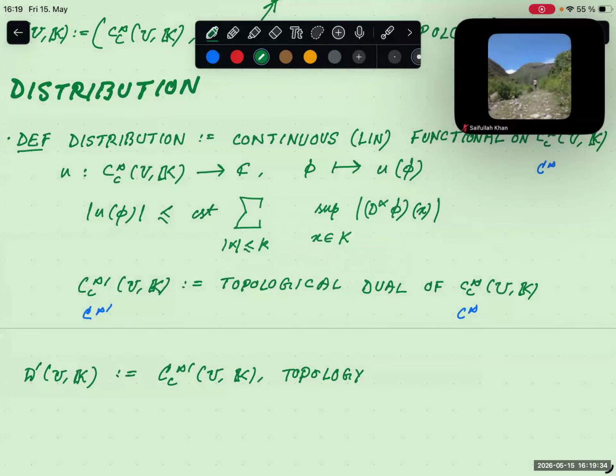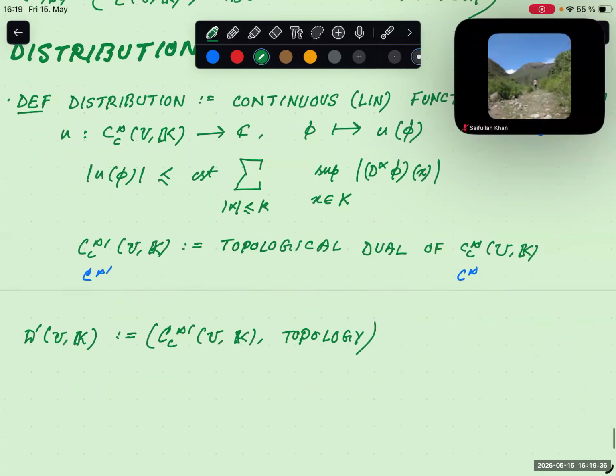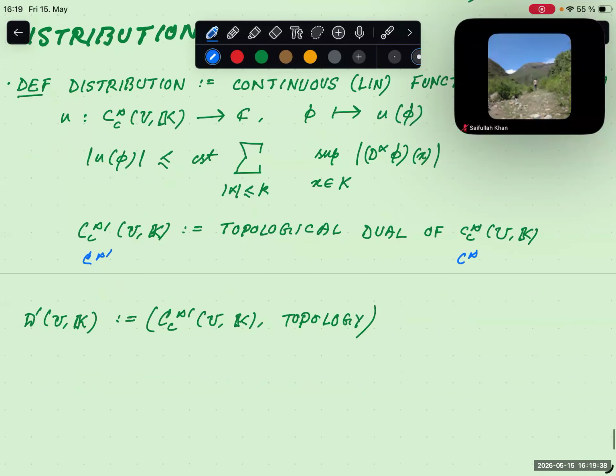And same, instead of D dash, you can consider E dash if you consider smooth functions. The topology I am not going to talk about right now, but it's not hard. You will see at some point. But topology means there is a notion of convergence, right? So that's our distribution.